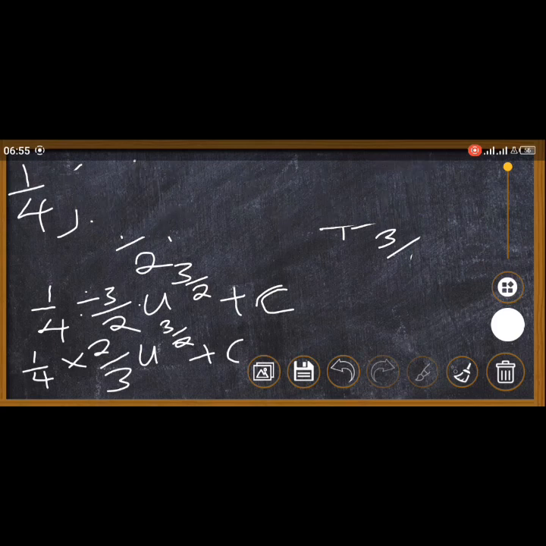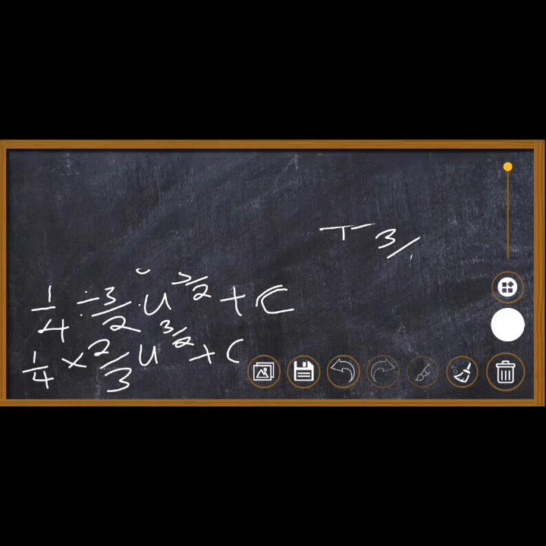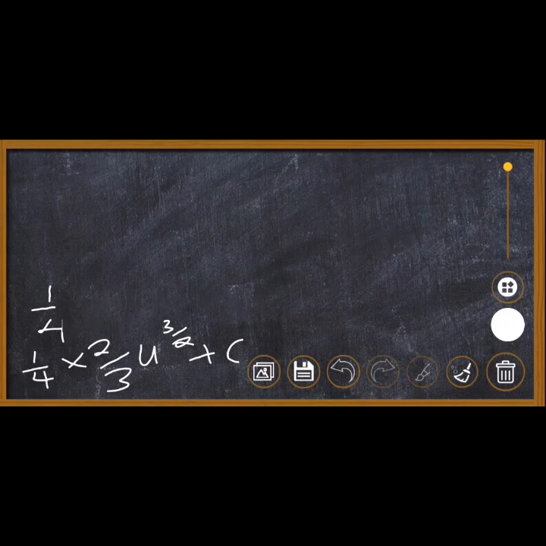Hopefully you are following. However, if you are not, we are going to do a few more examples so that you get the concept. When we multiply 1 by 2, we have 2, and 4 multiplied by 3 is 12.